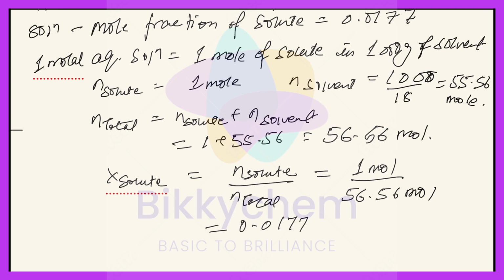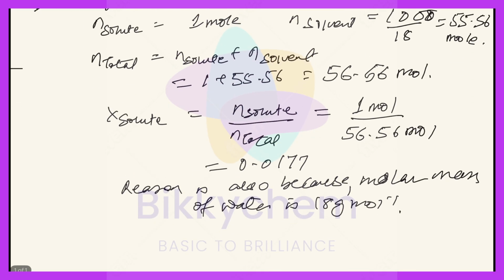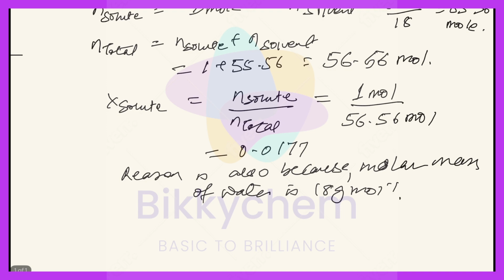And the reason given, the molar mass of water is 18 gram per mole, is also right. But as per the assertion given here, the reason is not the correct explanation.